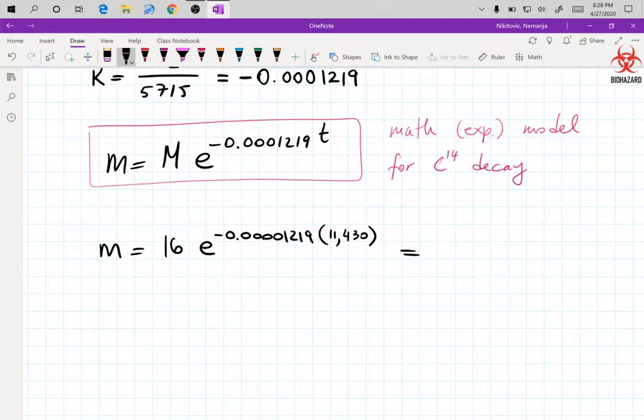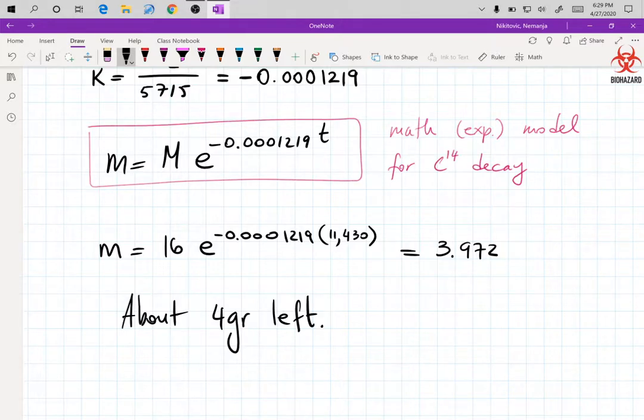Negative point 0, 0, 0, 1, 2, 1, 9 times 11,430, close parenthesis, there we go, 3.972, so about 4 grams left of carbon C14. If you're starting with 16, you will have about 4 grams.